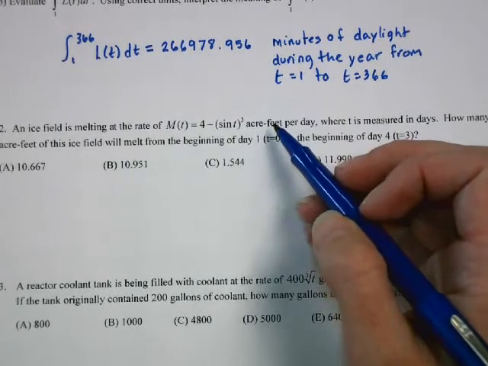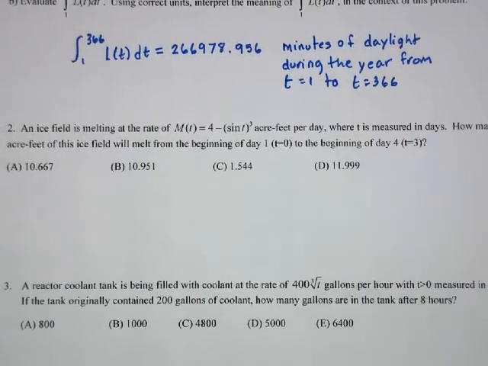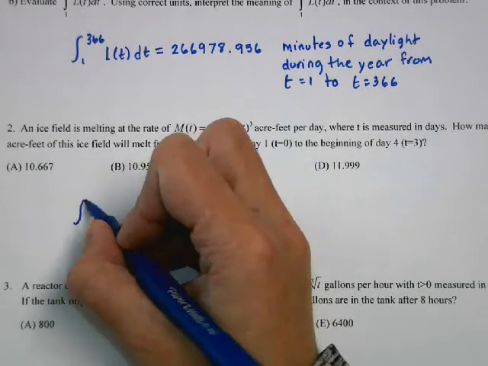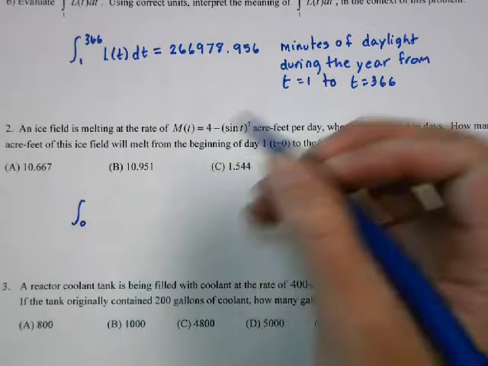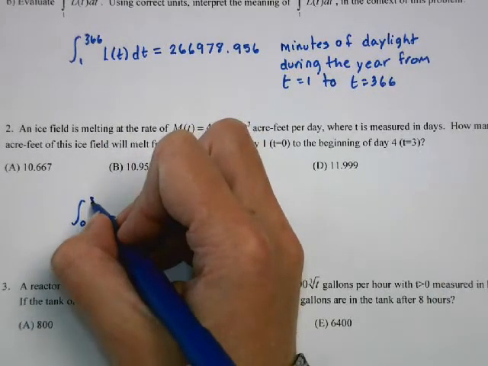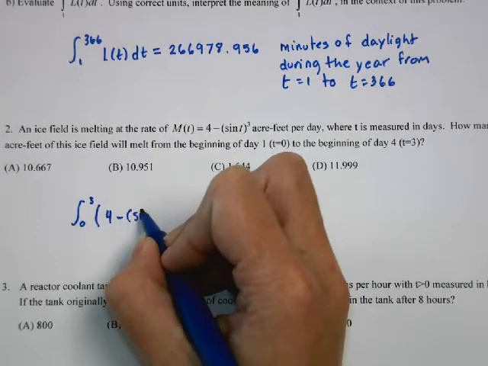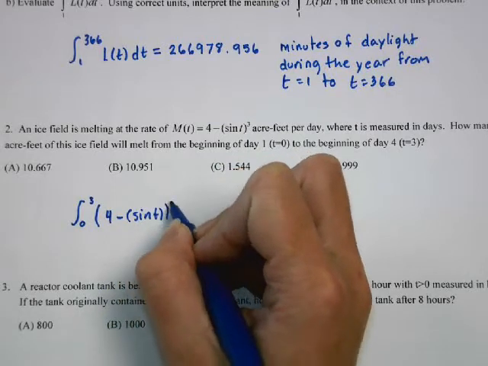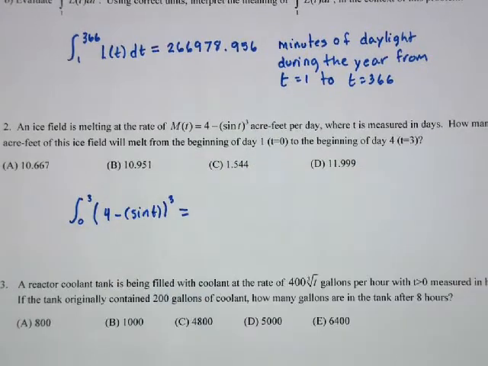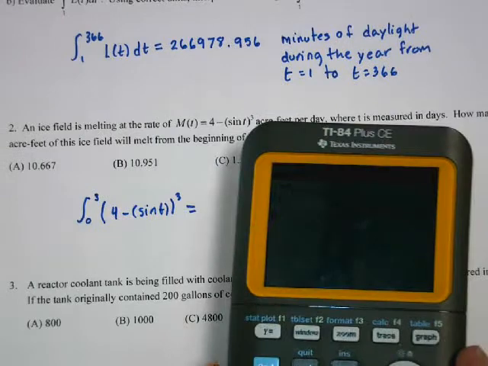So what we're doing is, if this is the rate, we want to multiply that by the time. Well, in calculus, we do that with the integral. So this is going to be the integral from 0 to 3 of 4 minus sine t cubed. And again, this is the calculator doing the work for us.